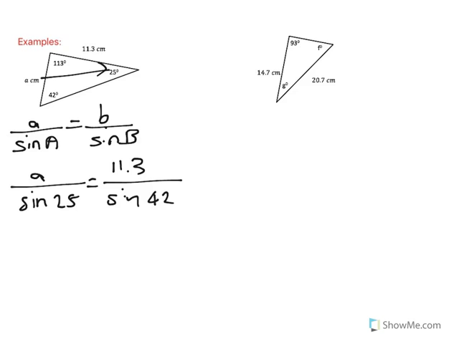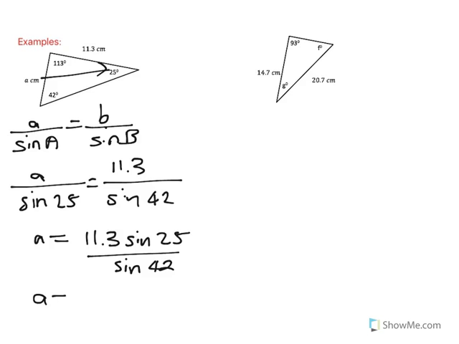Rearranging so that a is our subject, a equals 11.3 sine 25 on sine 42. Plug that into your calculator, and when you do, you will get a equals 7.1 centimetres to 1 decimal place. Is this answer realistic? Yes, a smaller angle goes with a smaller side.